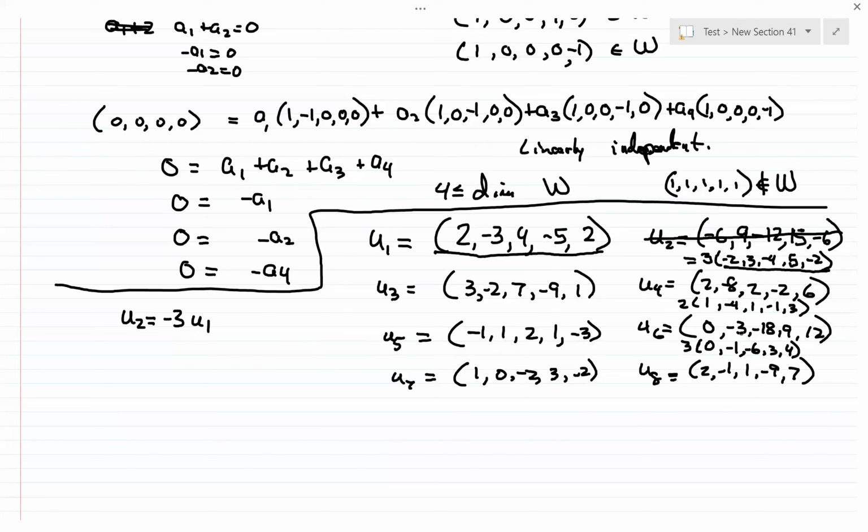Well, this one I've already thrown away. So I've thrown away U2, right? So I might as well just delete it. So we're down to 7.